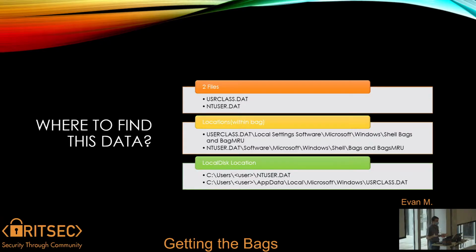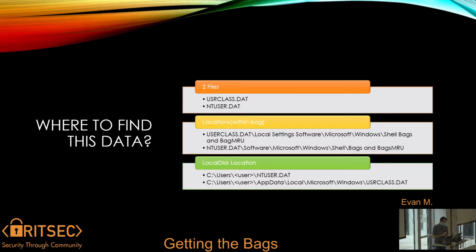So where do you find this data? There are two files of importance, userclass.dat and ntuser.dat. These two files are located on disk within the user's directory for your specific user. As you'll see when I get to the demo, I'll show you the location and how you go about reading these files.